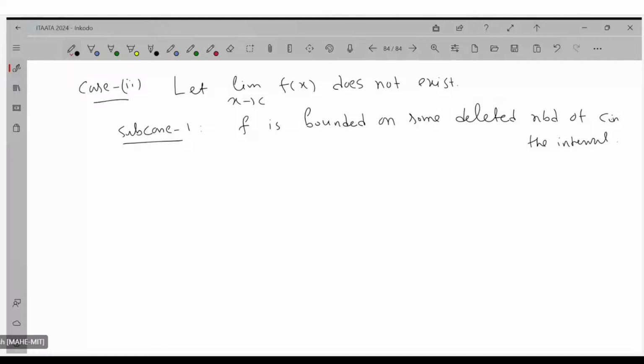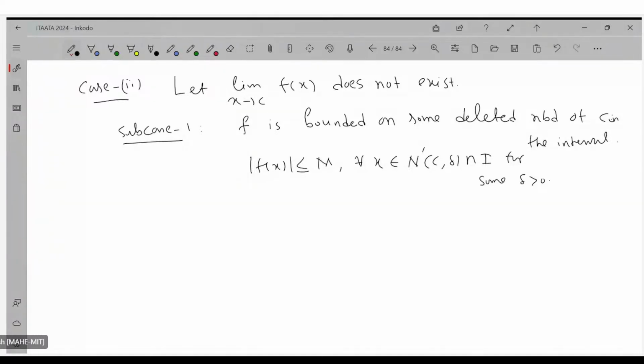That means that mod of f(x) is less than or equal to M for all x belonging to N'(c, delta) intersection I for some delta greater than 0. So some delta exists, so a delta neighborhood of c will exist where f is a bounded function. In that case it will be called oscillatory discontinuity.